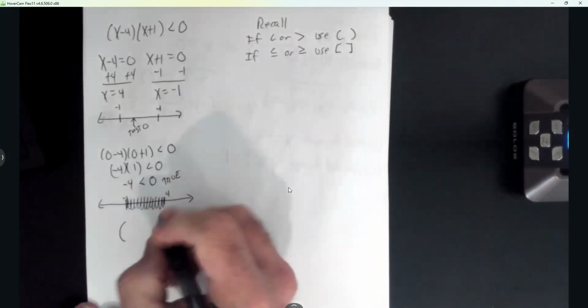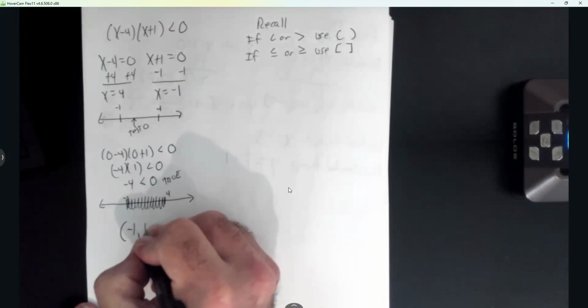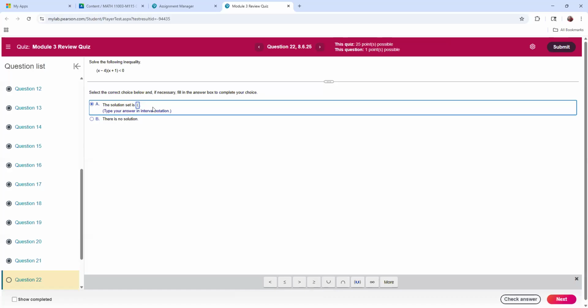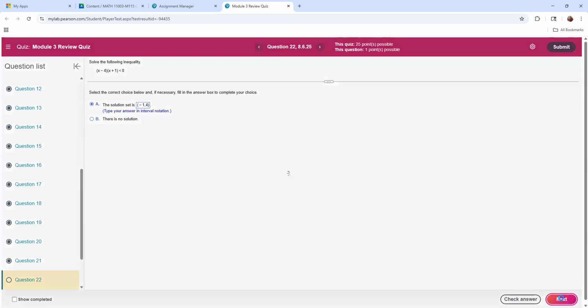So this answer would be -1, comma 4 in parentheses. All righty, so let's go put that in. And they're all wanting interval notation. So -1 to 4 on that one, you're going to hit next.